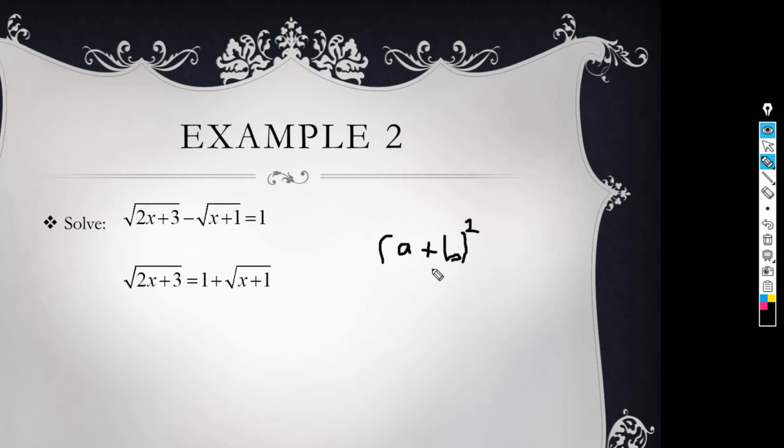That means a plus b times a plus b. With regular multiplication, we get the square of the first term, that's a squared, plus the product of the two terms multiplied by 2, so 2ab, and then the square of the second term, b squared.